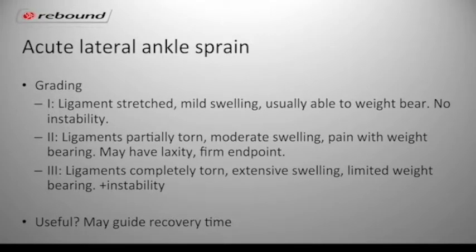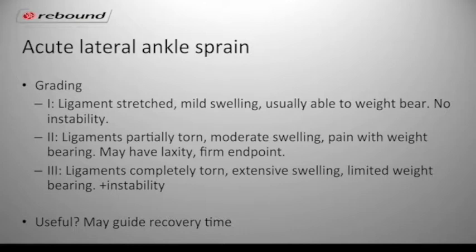So we do have a grading system as far as lateral ankle sprains go. Grades from 1 to 3. Grade 1 is generally just a stretching of the ligaments. There's not a lot of swelling that occurs with these. Usually people are able to bear weight. Whereas a grade 3 represents a complete rupture of both the calcaneofibular ligament as well as the anterior talofibular ligament.